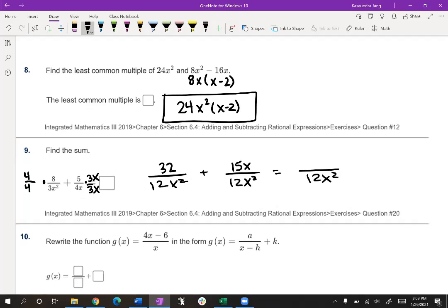I'm just going to add the numerators here, a 32 plus 15x. Now, is there anything that goes into 32 and 15? Let's see. 15, I can have a 3 or a 5 go in. I don't think either the 3 or the 5 goes into the 32. 1 and 15 go into 15. Neither of, well, I guess the 1 goes into 32, but it's not all that helpful. 15 doesn't go into 32, though. I think this is as good as it's going to get.